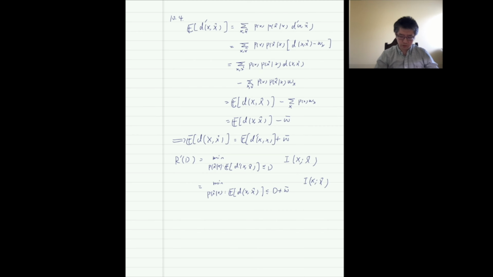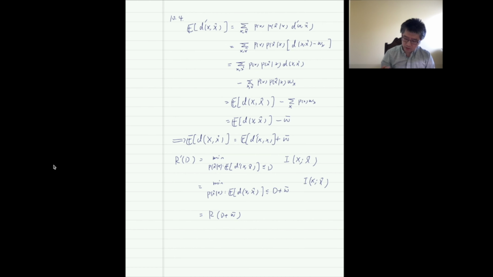This is the definition of R with the upper bound on the distortion, so it is nothing but R(D) plus w bar. And we have shown the first part.